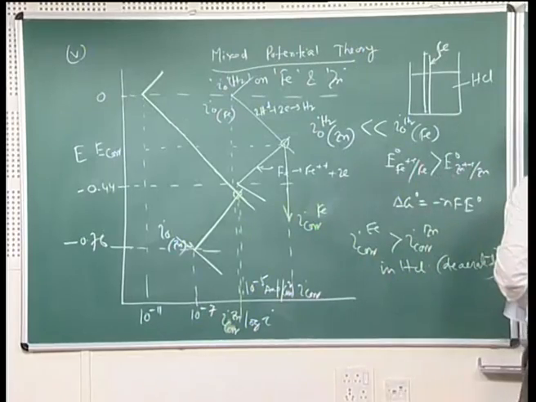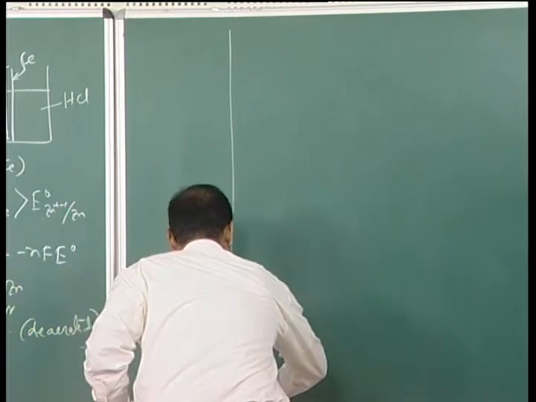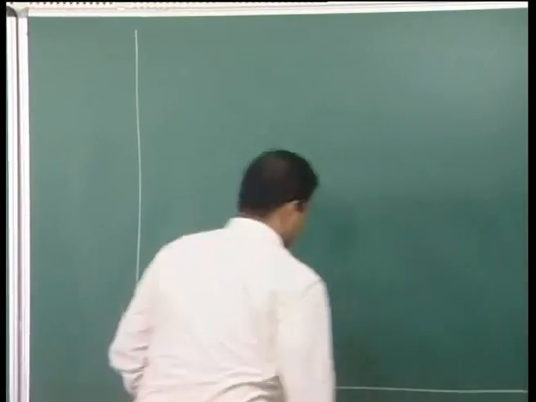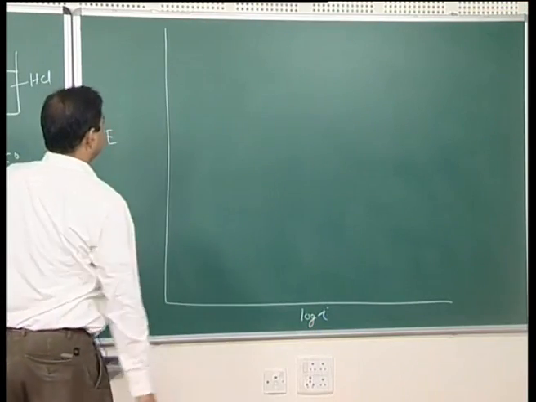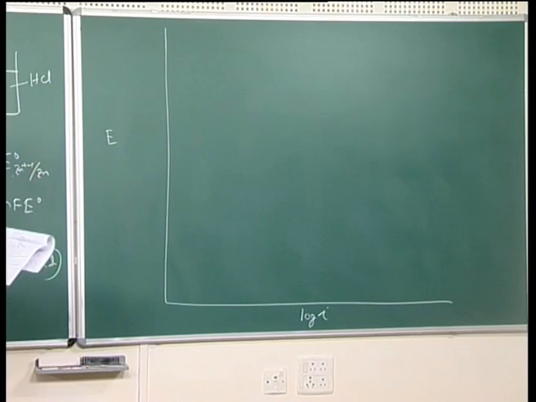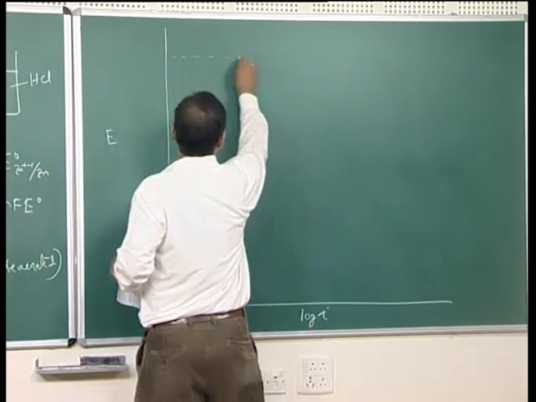Now, again let me plot the same graph. This is log I and this is potential. Now, I know what my hydrogen point is.